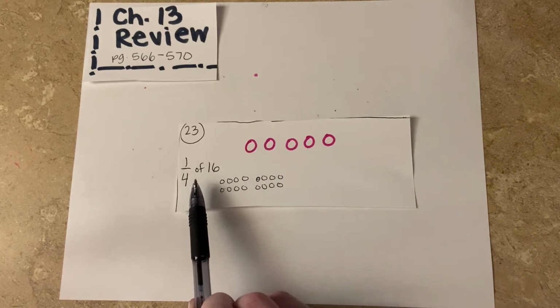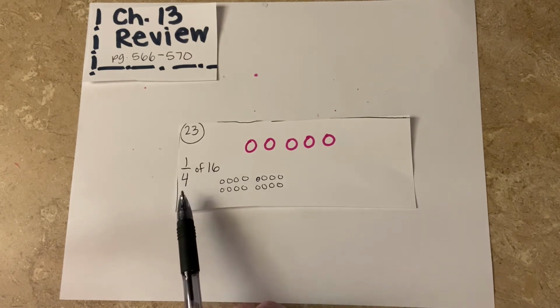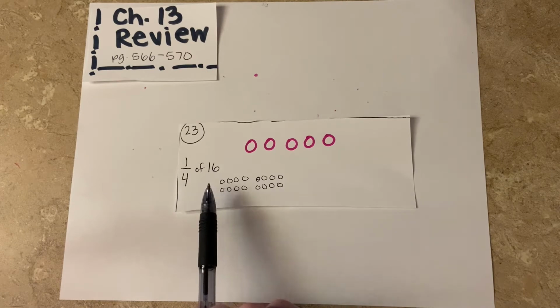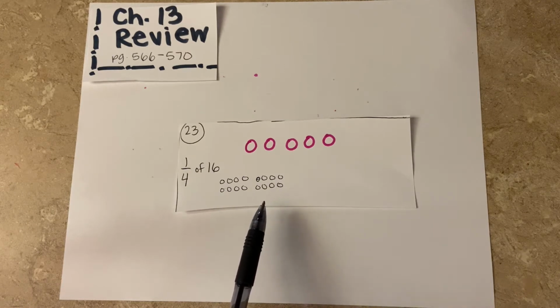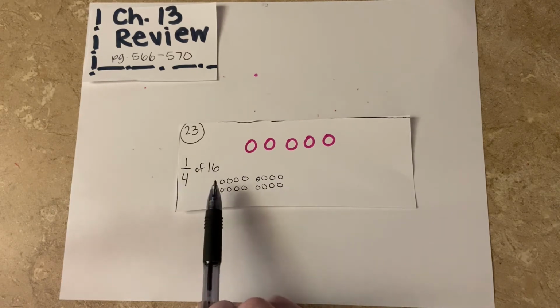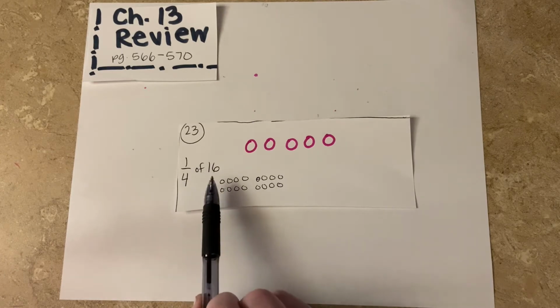And the first thing that we need to figure out, though, is these blue marbles. And it tells us that 1/4 of 16 are blue. So what I did to show a picture of this is I drew 16 little circles as my marbles. And what 1/4 of 16 means is that I need to have 4 equal groups. And how many are in each of those groups is going to tell me what 1/4 of 16 is.